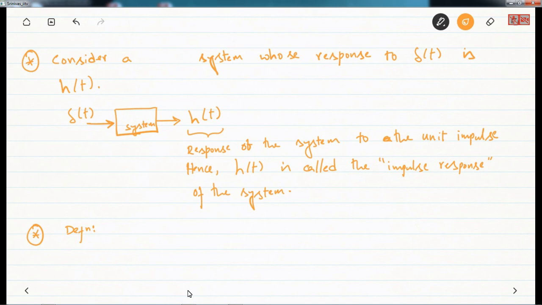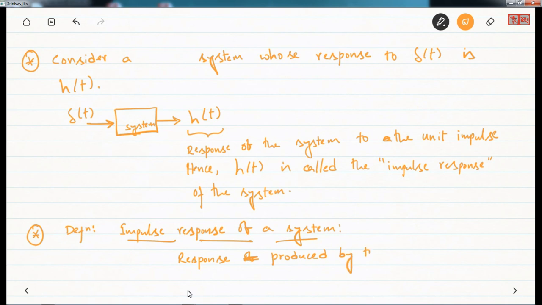So, definition. The impulse response of a system is simply the response produced by the system when the input is the unit impulse.